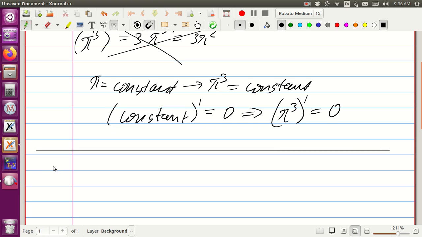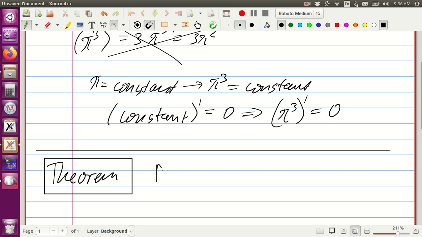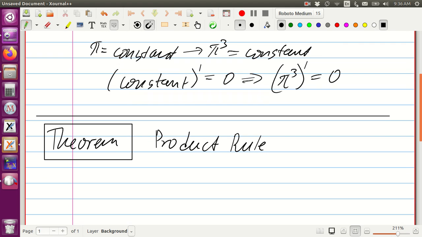So, theorem about the product rule. Let's try to see what the product rule would be.